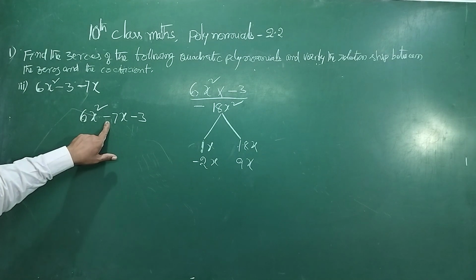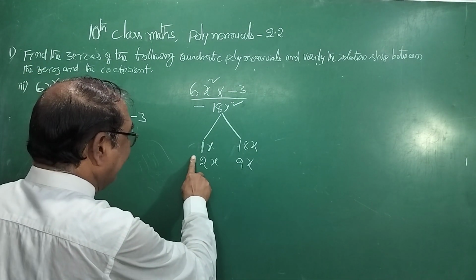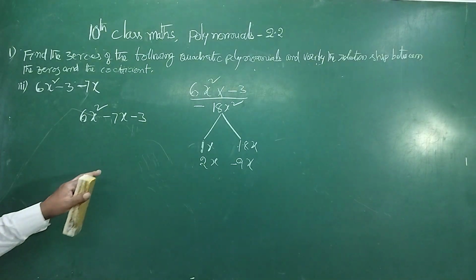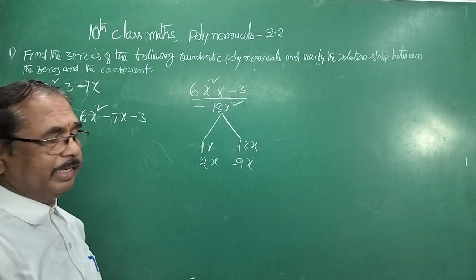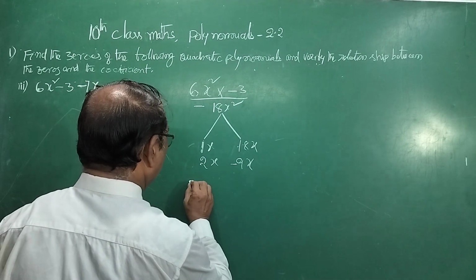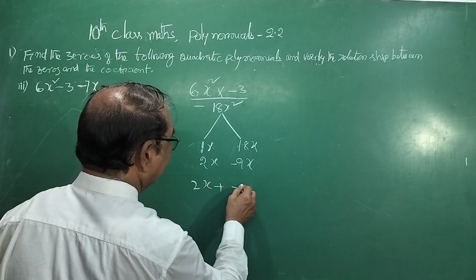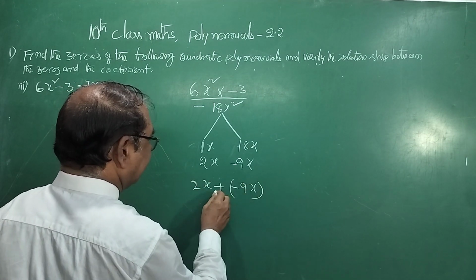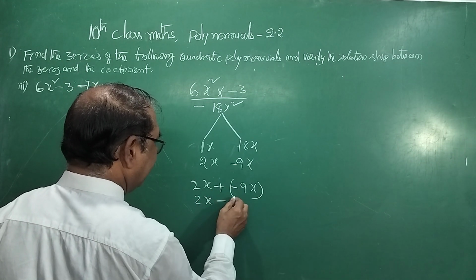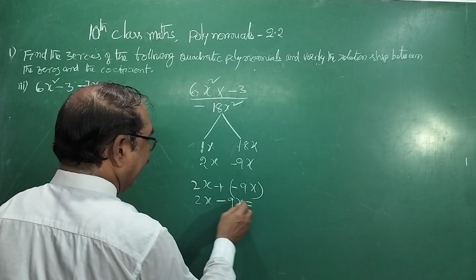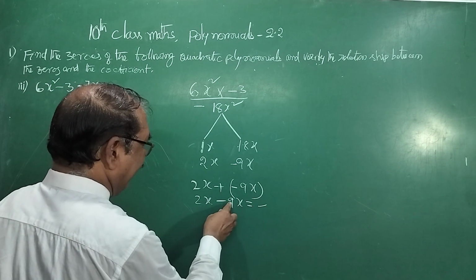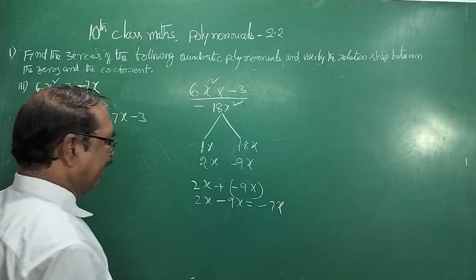But here the minus will be on the 9x, because 9x is bigger and that minus will remain. So 2x minus 9x, giving minus 7x. Minus 7x remained.